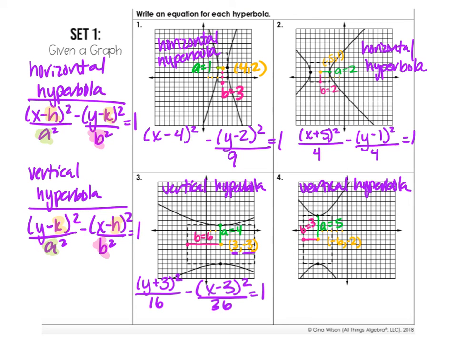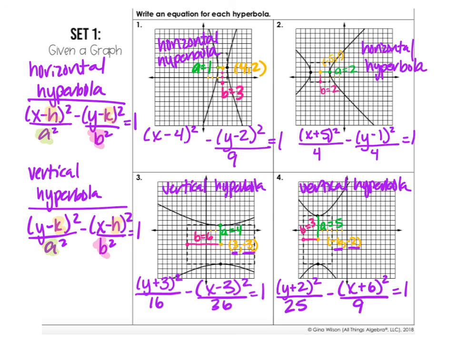And now we just return to the vertical hyperbola formula, and we substitute in what we know. So we have y minus k, which would be -2, so y plus 2, squared over a squared, which would be 25, minus x minus h, which would be +6, over b squared, which would be 9, because that's 3 squared, equals 1.